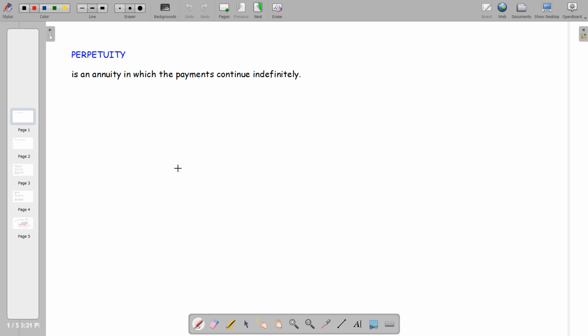Of course, the payment shall continue indefinitely, since you do not know kung kailan mag-i-end. Normally yung end ng term ng retirement benefit is upon the death of the beneficiary. Okay, so that is the practical example of perpetuity.